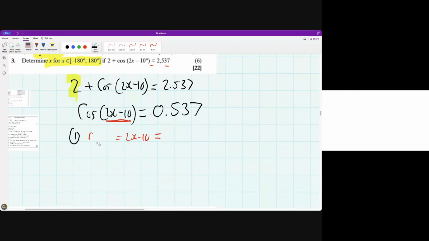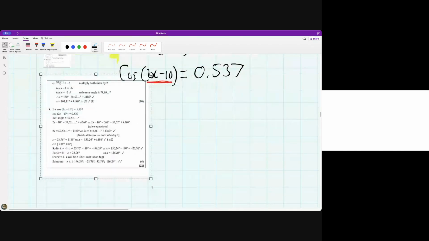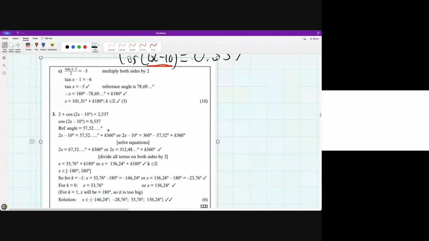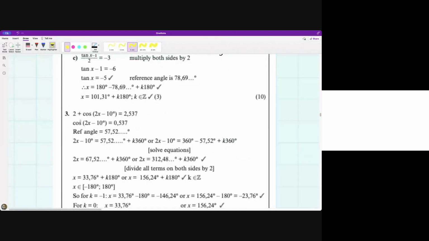Actually, you know what? I'm running out of time. Okay, let me show you the process here, because I don't think I'm going to have time to write it all out. Okay, let's do this together to finish today. We had got to this step over here.